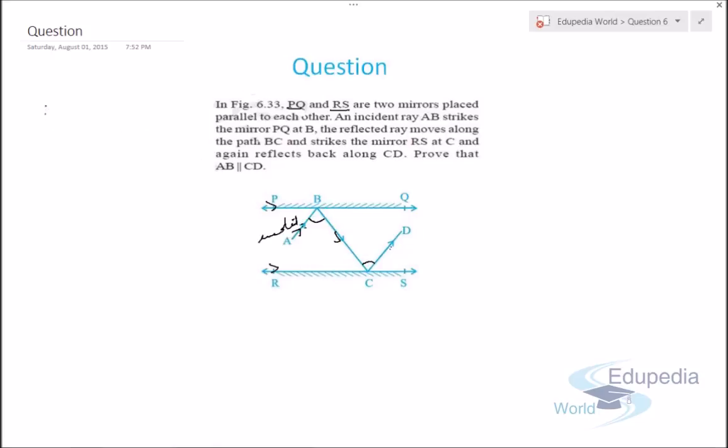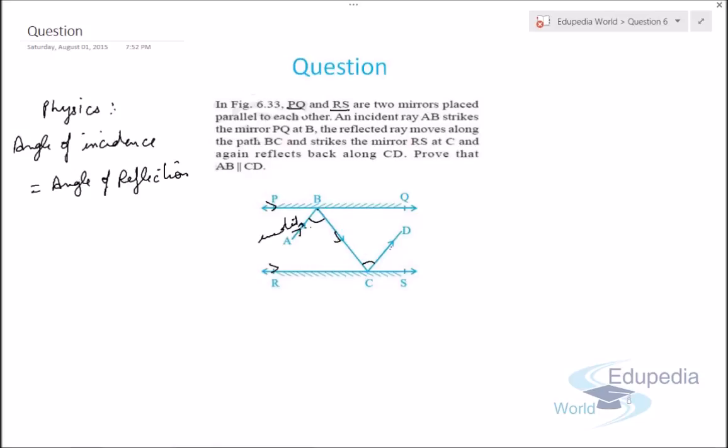Now, let's see how we can solve this question using physics. In physics, you have read that the angle of incidence is equal to the angle of reflection. Let's first discuss what the angle of incidence is.